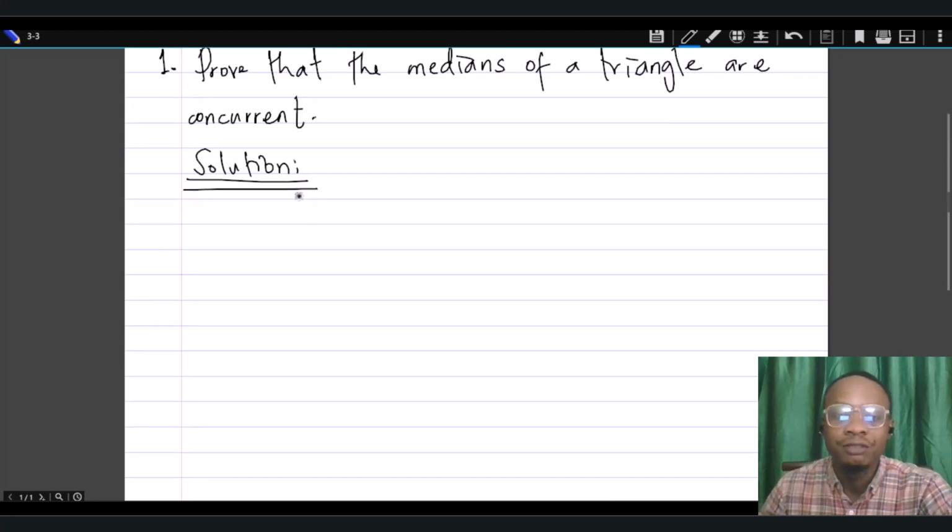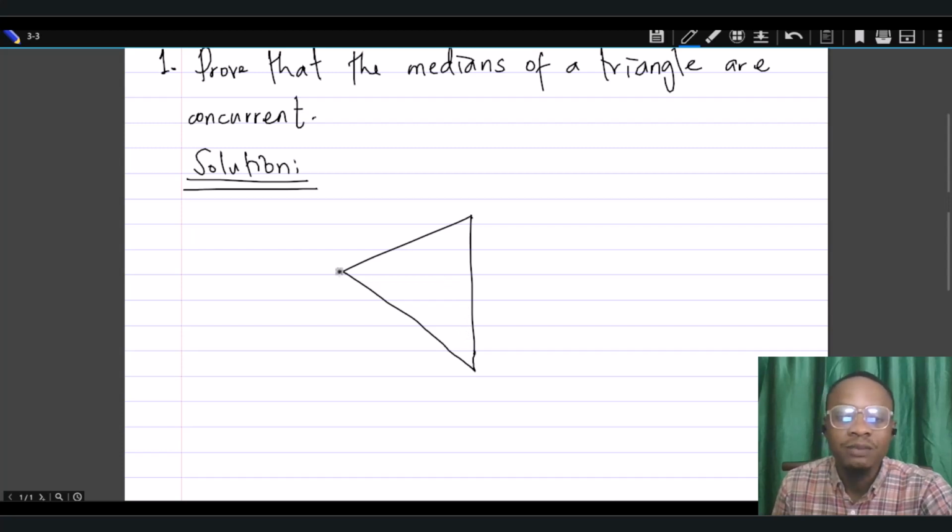We have a triangle. In this case, we are not given any letter for representing the triangle, so we're just going to pick arbitrary points to represent the vertices of the triangle and also the midpoints of the sides. So let's say that we have an arbitrary triangle, just any kind of triangle. It doesn't have to be a special triangle.